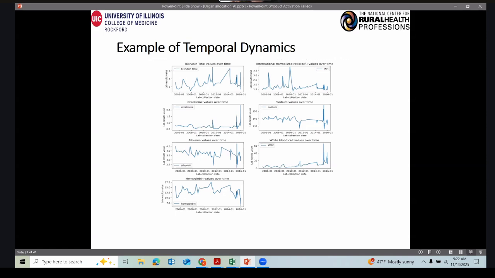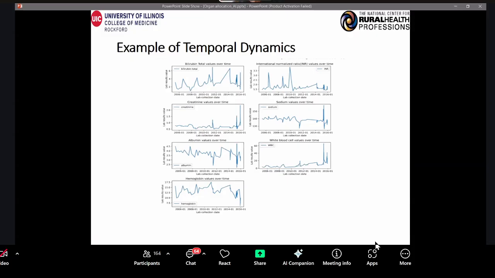You will also notice creatinine and WBC values show occasional peaks. These might correspond to actual kidney stress or infection episodes. The hemoglobin, on the other hand, may drop due to anemia of chronic disease or bleeding complications. What is really important here is that this graph demonstrates why we need temporal modeling.